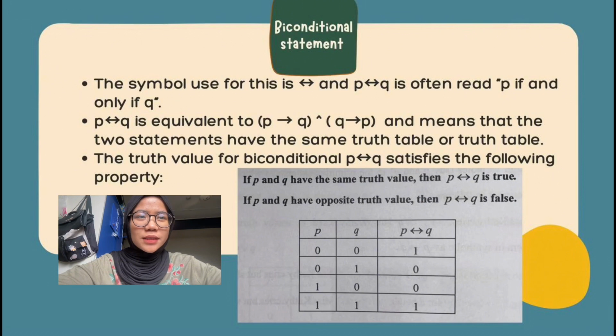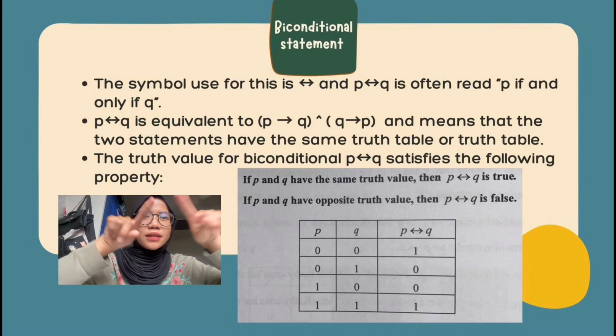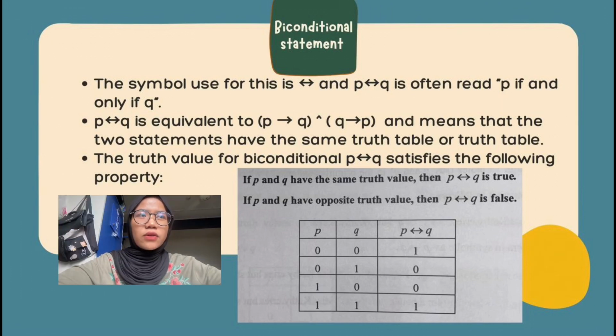So next is biconditional statement. The symbol used for this statement is the double arrow and is often read as P if and only if Q. P if and only if Q is equivalent to P then Q and Q then P, and means that the two statements have the same truth table and truth value.